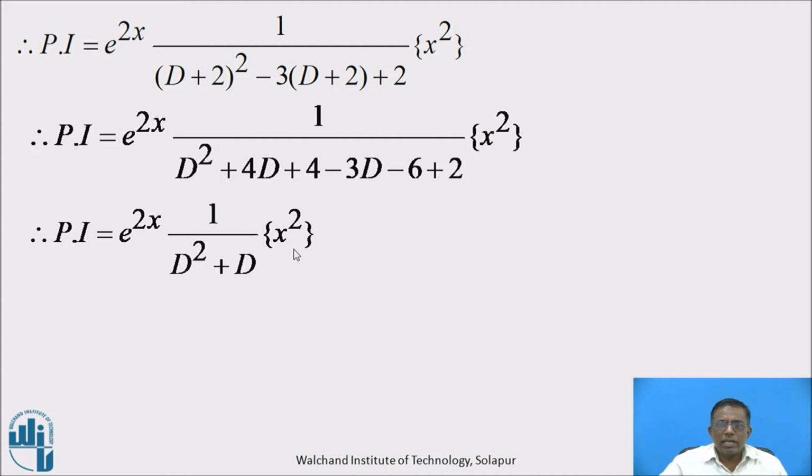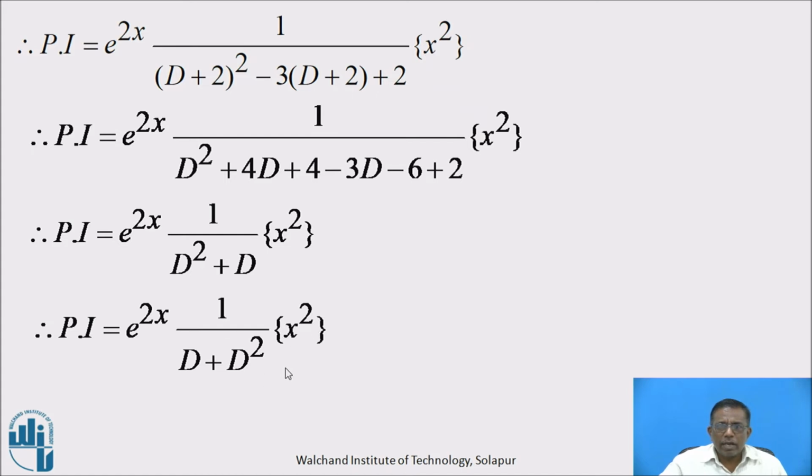Now the function is x square on which we have to operate 1 by D square plus D, so using the case x raised to m type, we write the denominator in ascending powers of D, then take D common from the denominator. So PI equal to e raised to 2x into 1 upon D plus D square operated on x square.